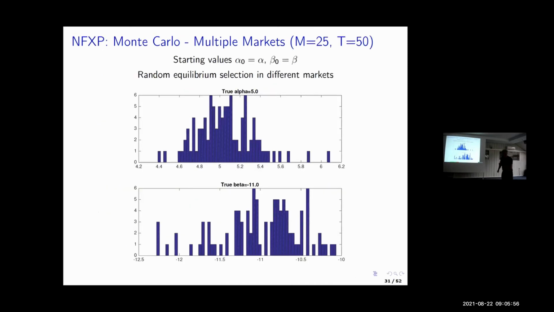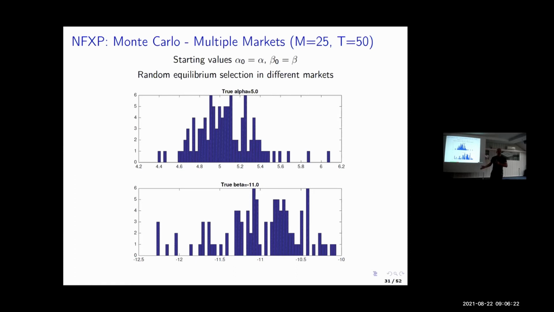So here's a little bit more of Monte Carlo. What do we get? The true value is 5. We're doing NFXP, and I should probably change the number of bins, but the bottom line is we're in the ballpark. NFXP is tracing it out, even though we're allowing for different equilibria being played in different markets.